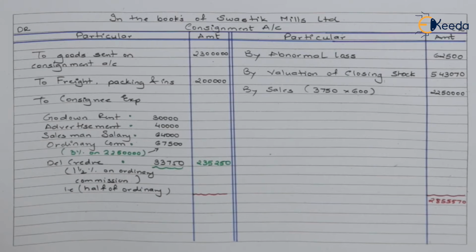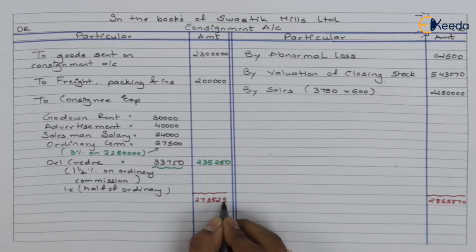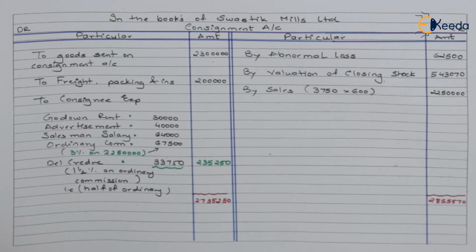So the credit side total comes as 28 lakh 55,570. Let's figure out what is the total of the debit side now. The debit side total is 27 lakh 35,250.